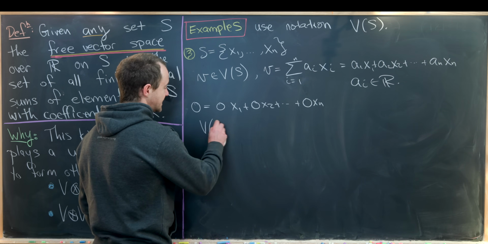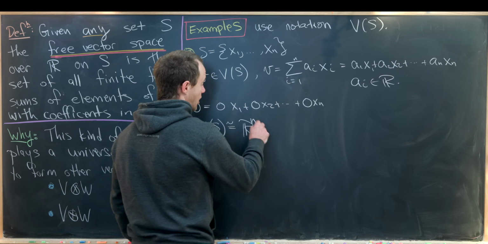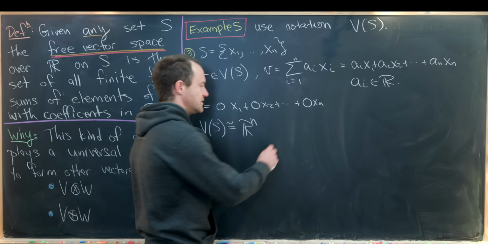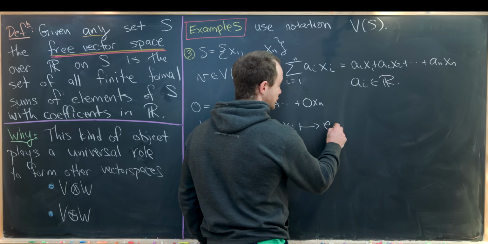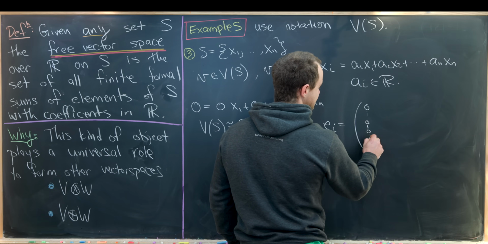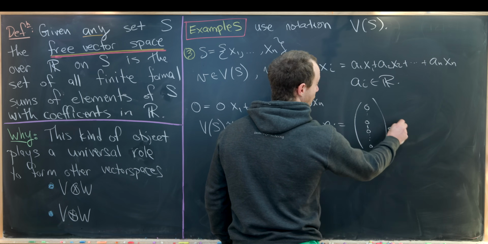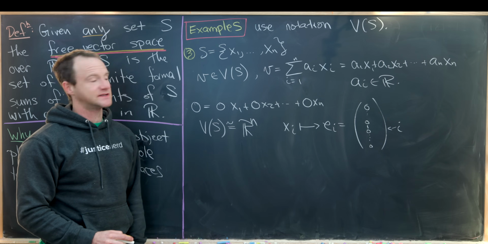So in this case, we could say that V of S is isomorphic to R^n, where the isomorphism is given by x_i being sent to e_i, which would just be the column vector where we have all zeros except for a 1 in the ith component. So that's like a standard basis, if you will.